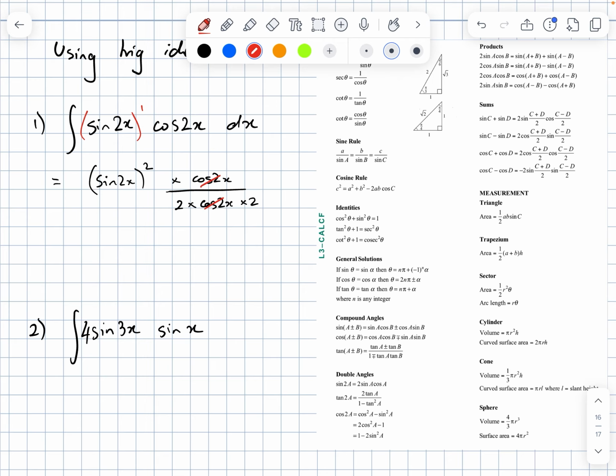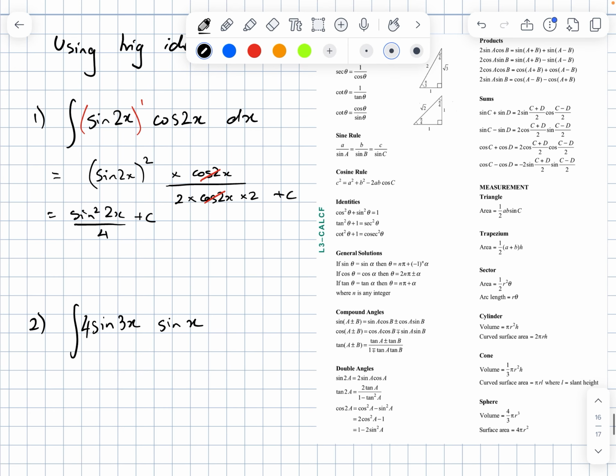Those 2 cancel, and we get sine squared 2x over 4 plus c. So that is one option, and we could have also done it with the cos in brackets, and that would have given us a different answer, but mathematically they still would have been the same.